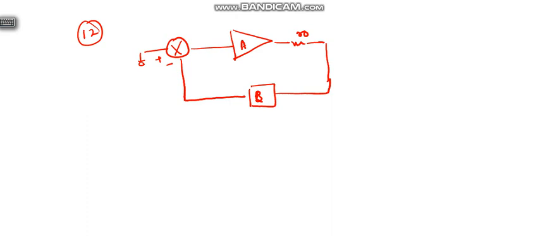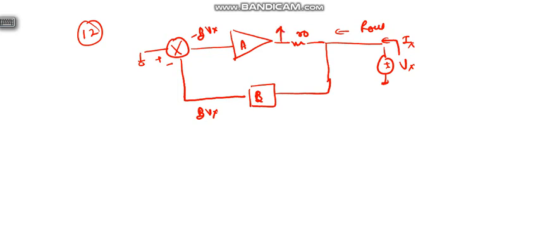So this is negative feedback. We need to find Rout. So we will again apply one test voltage, say Vx, and here current Ix will go. Here Vx appears, so minus beta Vx will appear, multiplied by gain. So this voltage is minus A beta Vx, and this is Vx.